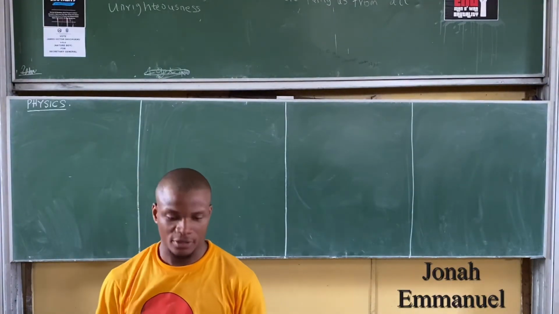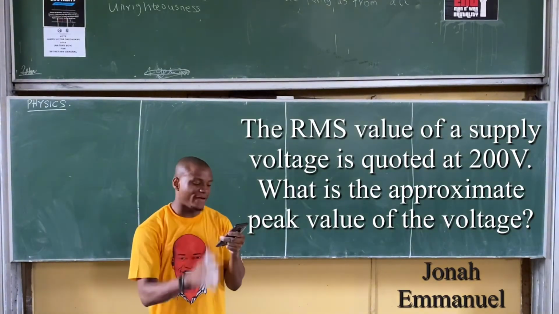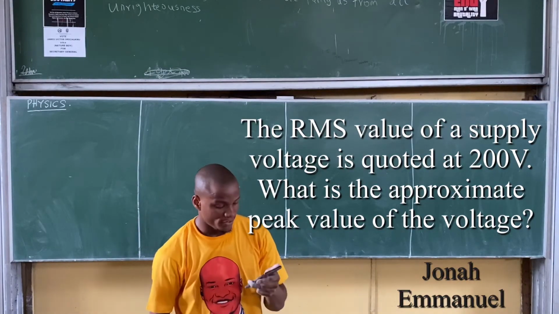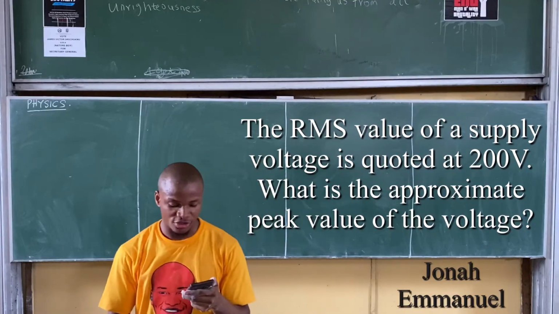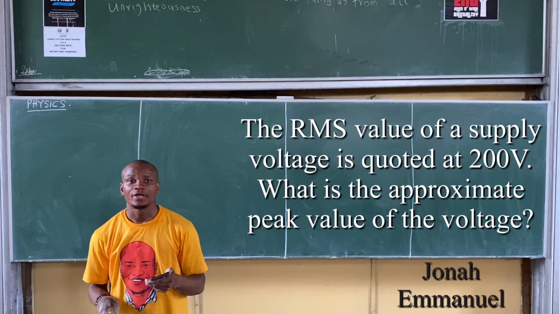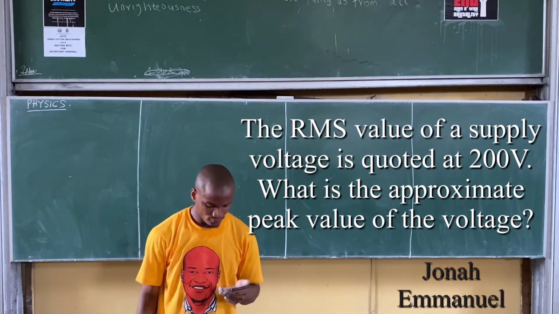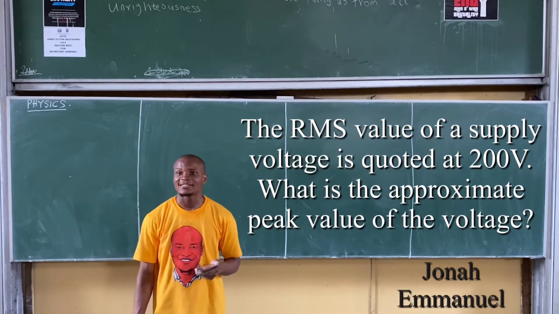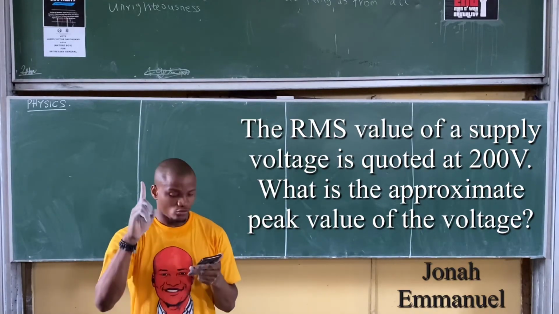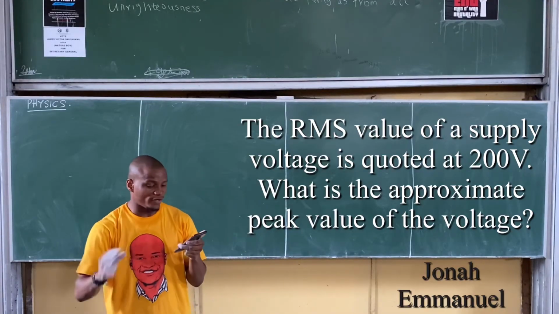Sample problem 3. Take down. The RMS value of a supply voltage is quoted at 200 volts.